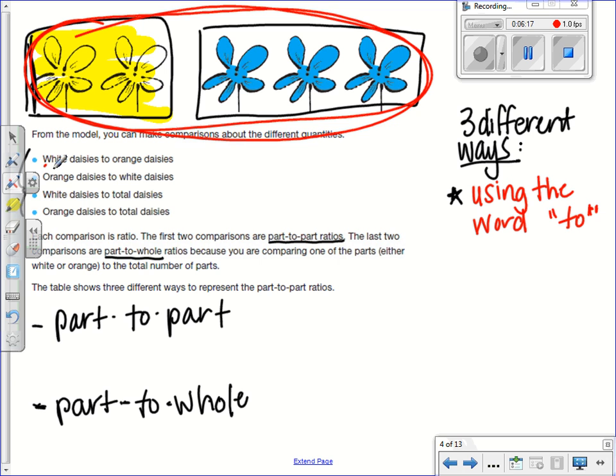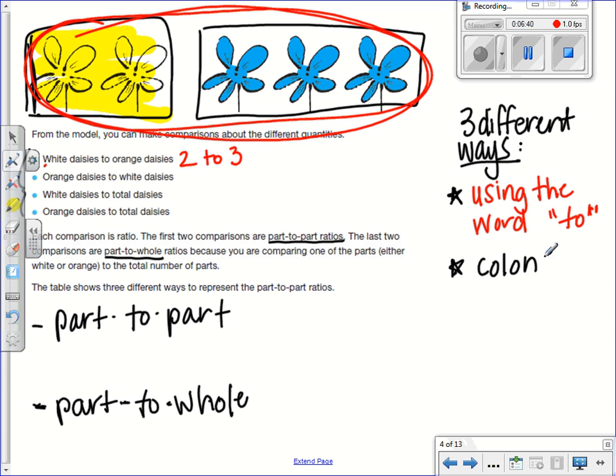So we could say, oh, we know there's 2 white daisies and then 3 orange daisies. So this is a part-to-part ratio because it has part of what we're talking about and then the other part of what we're talking about, and we're using that word to. Okay? Another way is to use a colon.